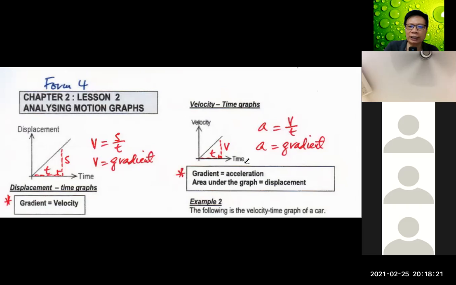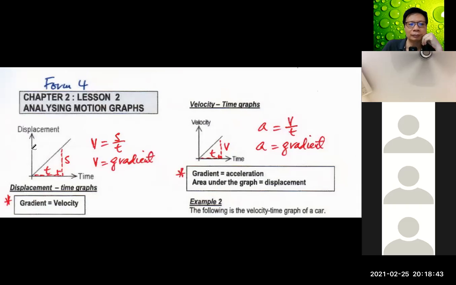These 2 graphs are actually different. This is displacement time, this is velocity time. This one shows the velocity, but this one shows the displacement, the distance.